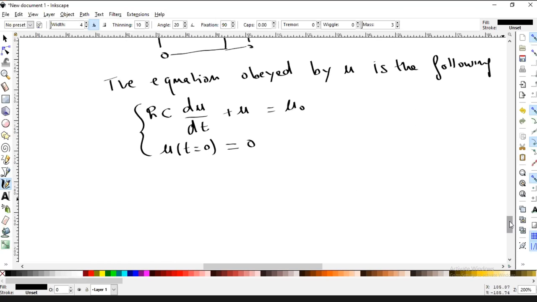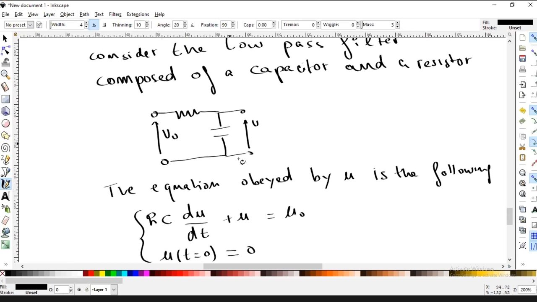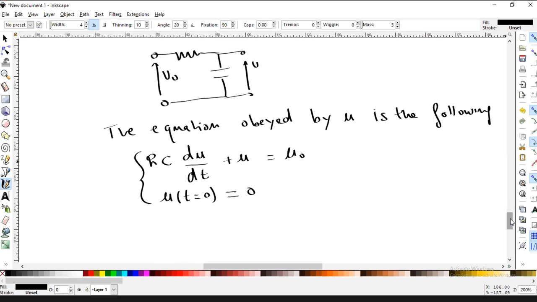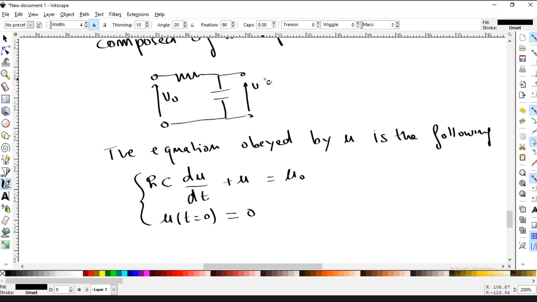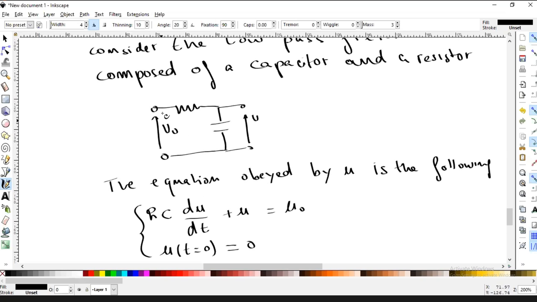Okay. So if you consider a low-pass filter composed of a resistor and a capacitor here, the differential equation obeyed by the voltage U, which is the output voltage across the capacitor, is the following: RC du over dt plus U is equal to U0, where U0 is the input voltage, the voltage of the power supply.